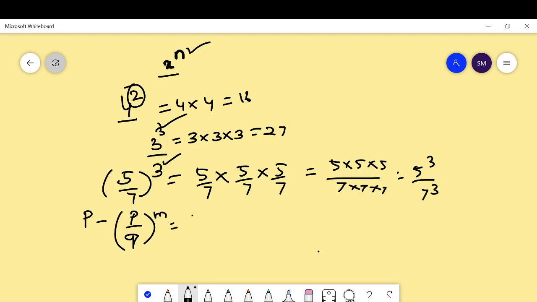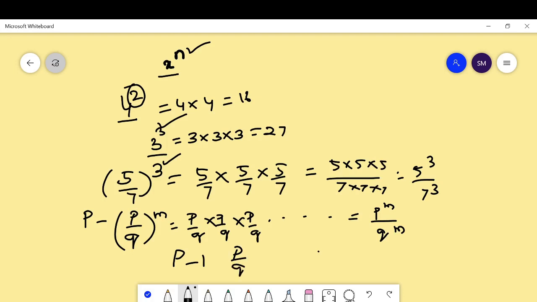This means we multiply p by q into p by q into p by q, m times. This means p to the power m upon q to the power m. Then property 1 says p by q to the power m is equal to p to the power m upon q to the power m.